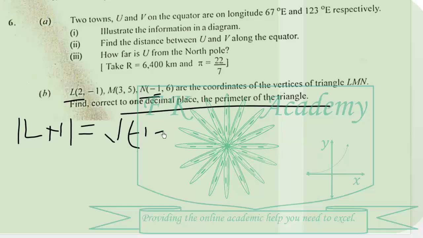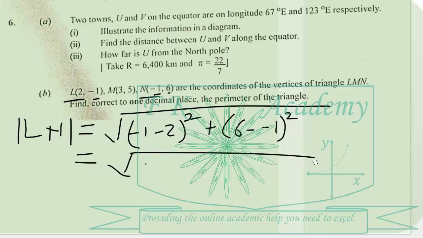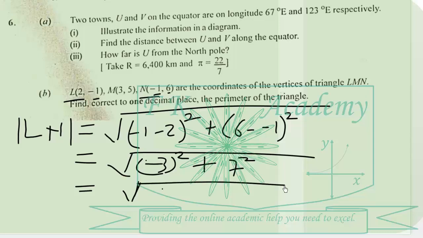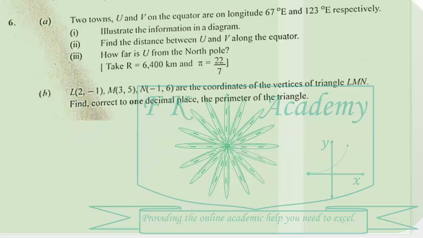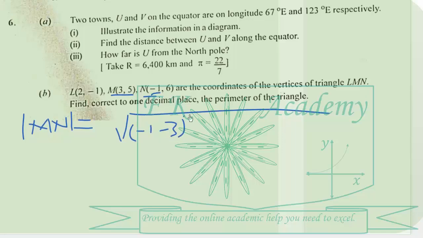This will give us negative 1 minus 2 all squared plus 6 minus negative 1 all squared, and negative 3 squared plus 7 squared. This will give us 9 plus 49, which is square root of 58. Then finally, the magnitude of MN will be equal to square root of negative 1 minus 3 all squared plus 6 minus 5 all squared.